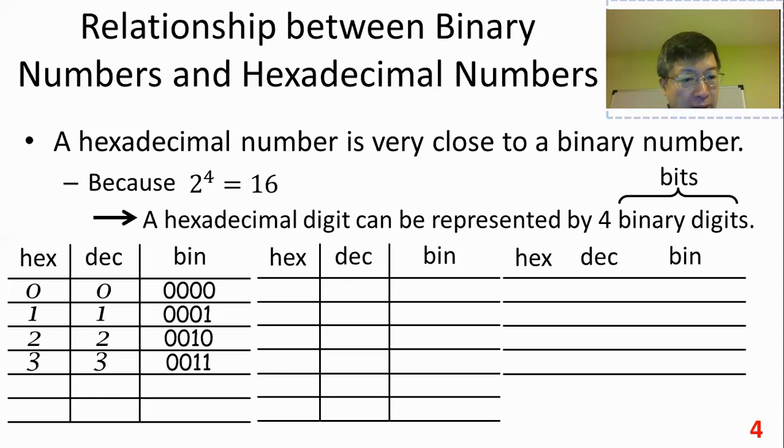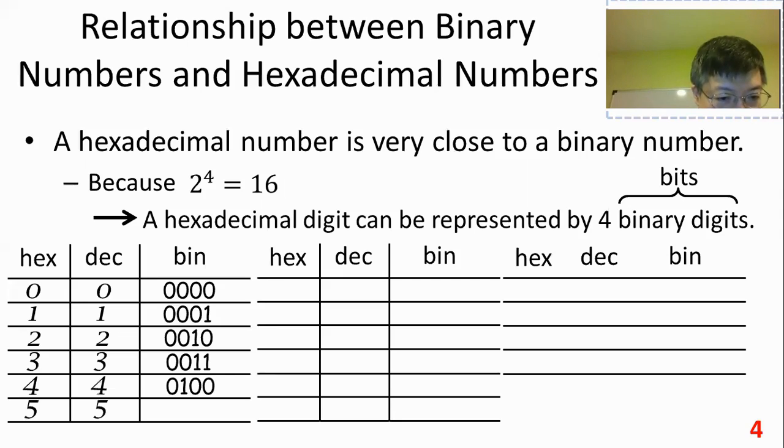Next one, 4: we add another 1, but this time we will have 2 carries. The first one at the second position, but another carry occurs, moving to the third position. So we get 0, 1, 0, 0.